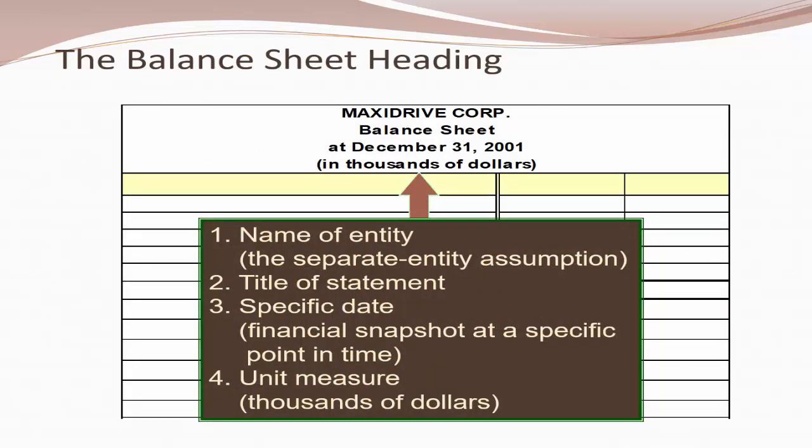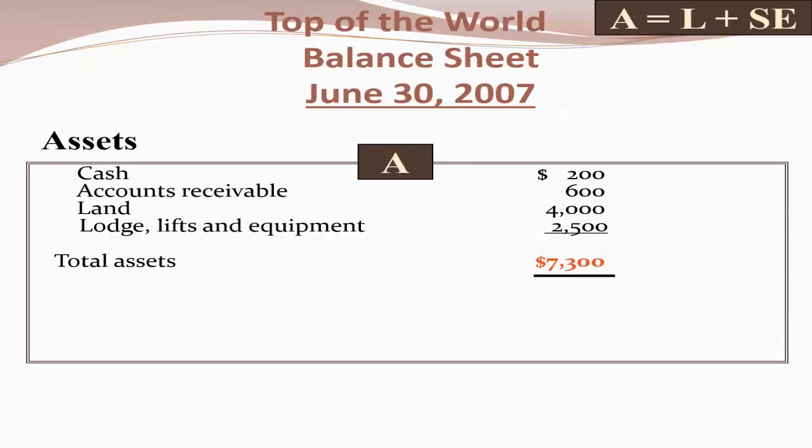It's an illustration of a balance sheet. We will find the name of the entity, the title of the statement, the specific date, and the unit of measure, whether it is in dollars, Moroccan dirhams or euros. This is just an example of a balance sheet.